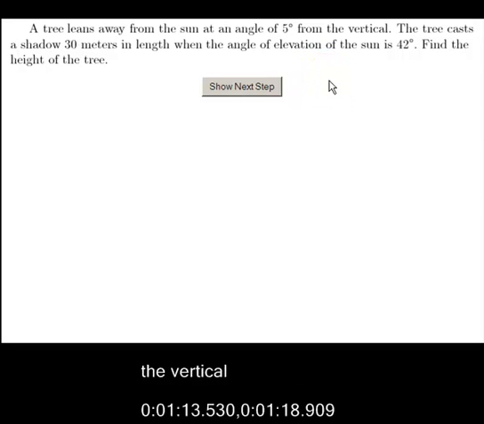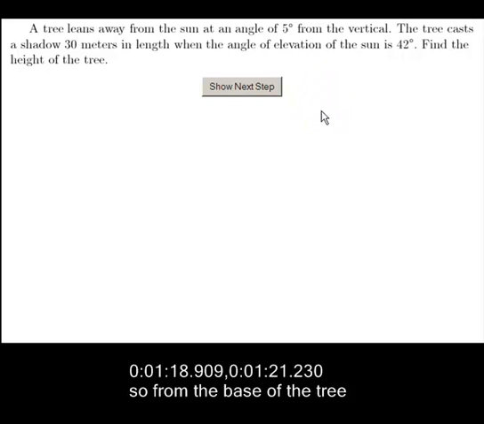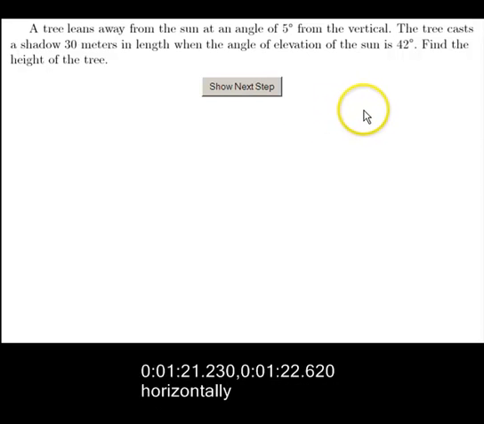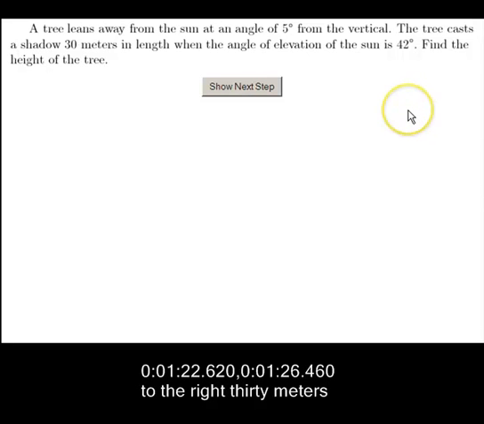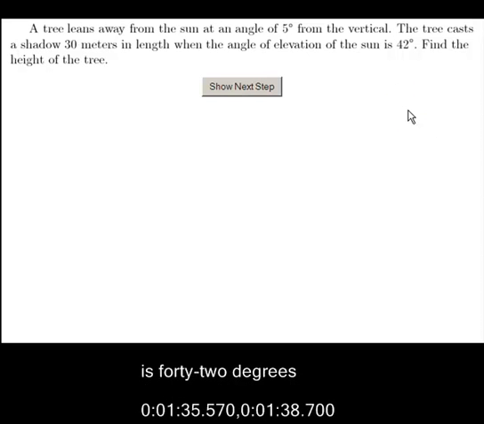And we're given that the tree casts a shadow 30 meters in length. So from the base of the tree, horizontally to the right, 30 meters is how far the tree casts a shadow when the angle of elevation of the sun is 42 degrees.